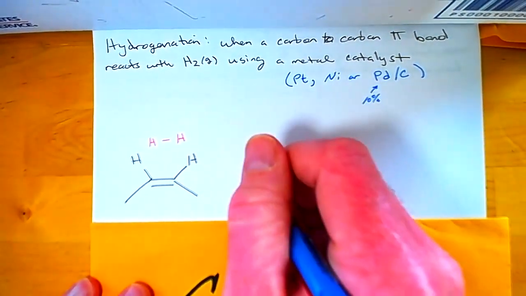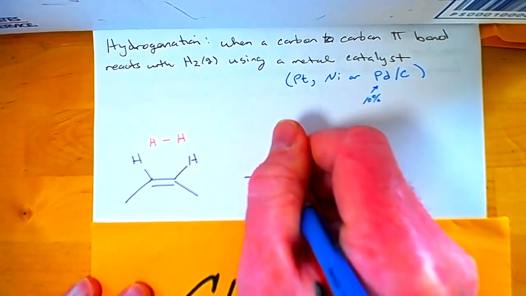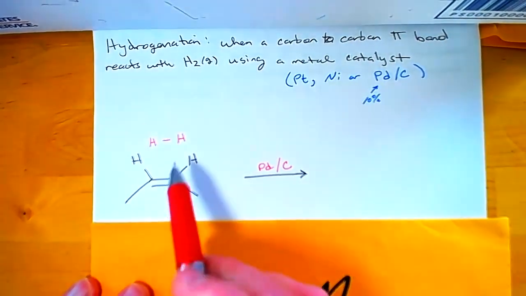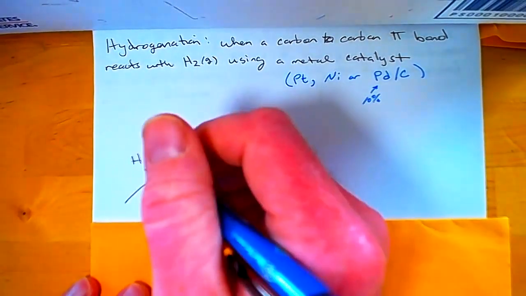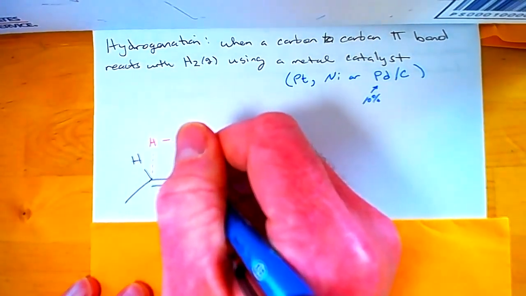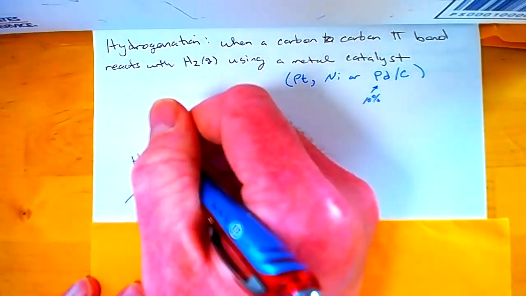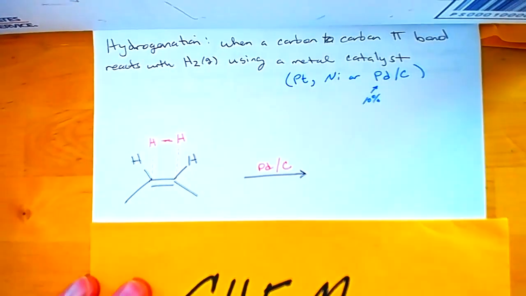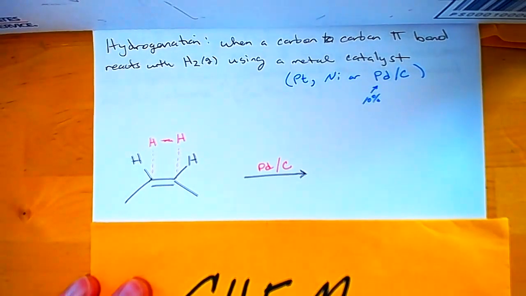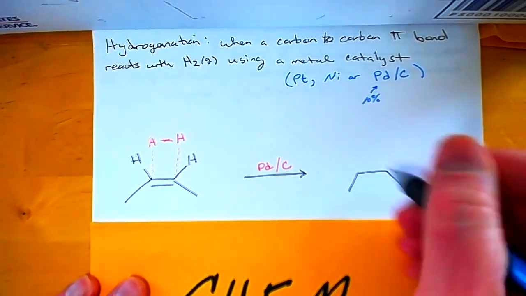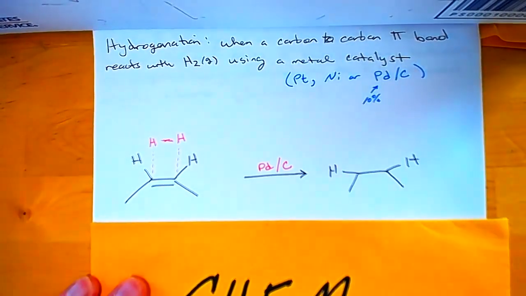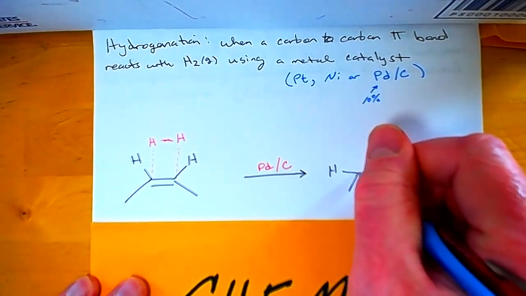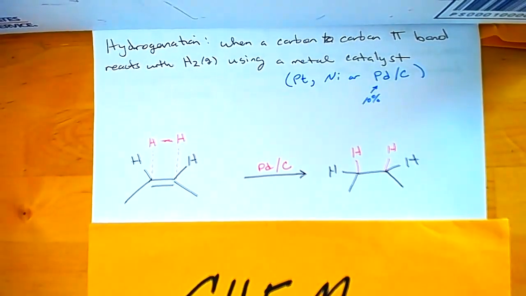But if you were to add some of these metals to it, the metal actually helps to activate the hydrogen to make it more reactive, so that the hydrogens start to add in place of where those pi bonds are, and it starts to break the sigma bond in between them. So what you end up with is essentially adding in hydrogen to where there was a pi bond.